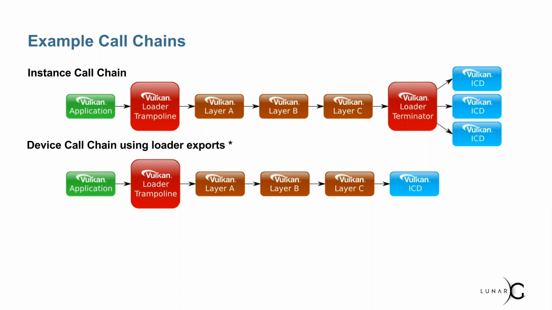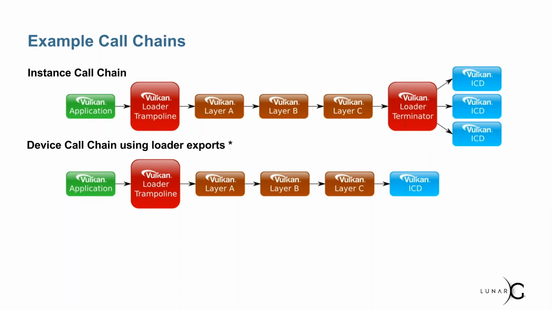There are certain device calls that can't do this. Usually, it's the case where the loader has to translate something into the ICD interpretation of the object. For example, a VkSurfaceKHR object was originally entirely controlled by the loader, but that's now been changed so that ICDs can control that as well.